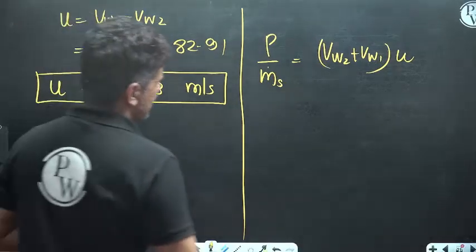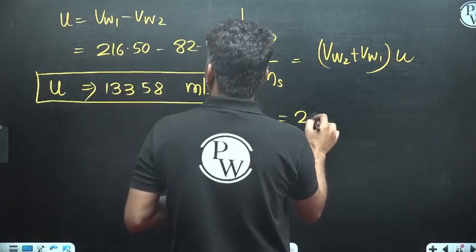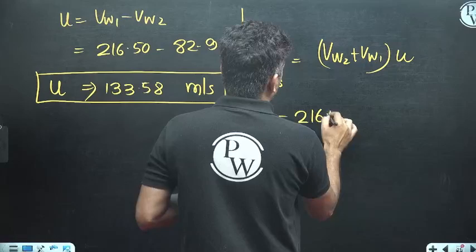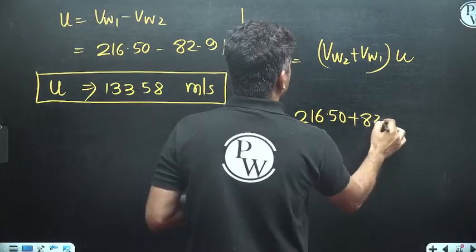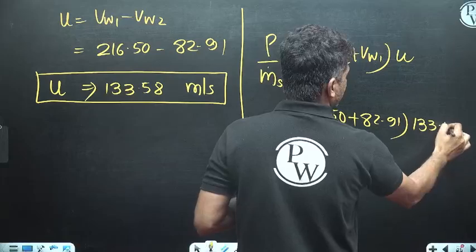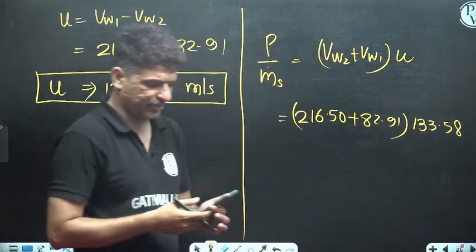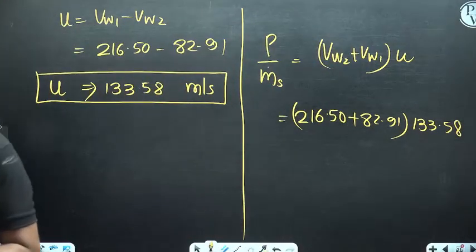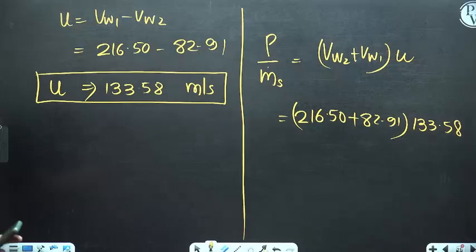So this will be equal to 216.50 plus 82.91 multiplied by 133.58.